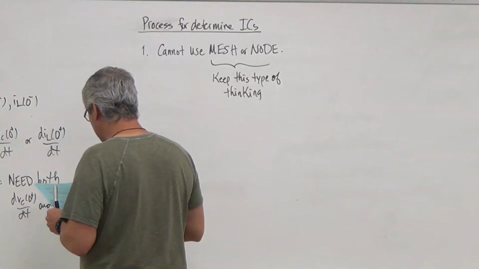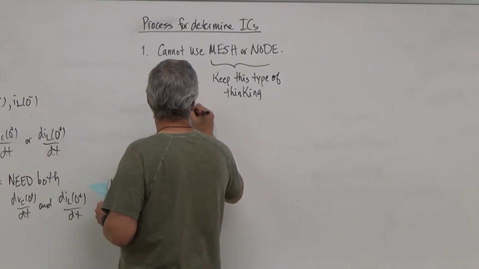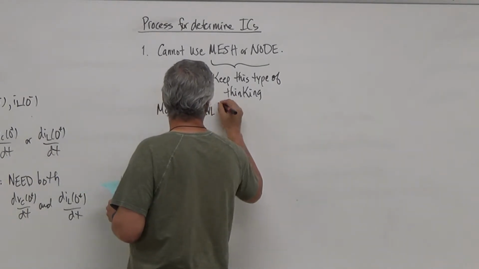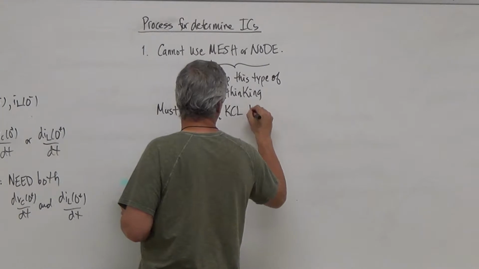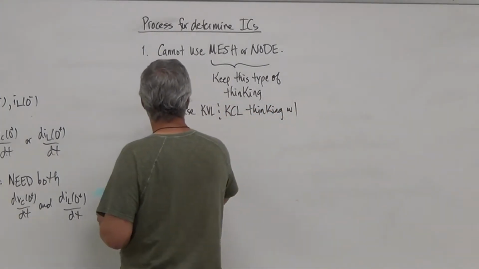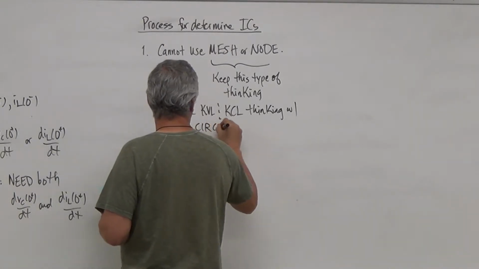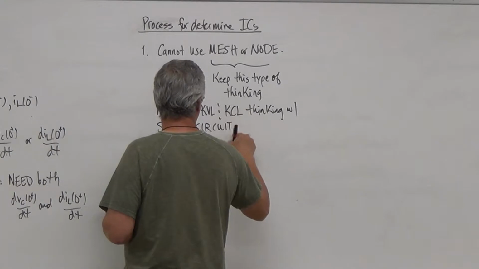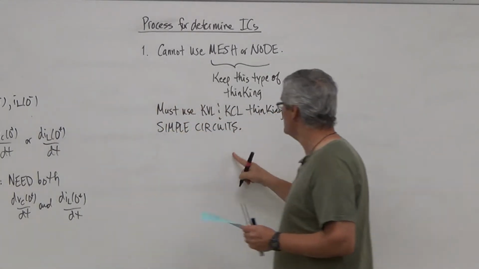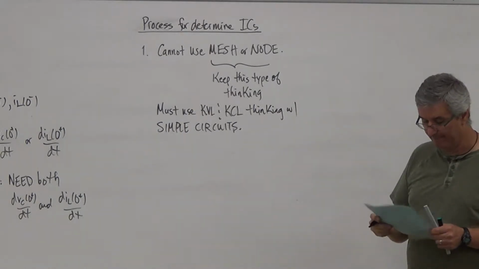So what you're going to find here is that you must use KVL and KCL thinking with simple circuits. You're going to really be looking at loops and KCL nodes here.